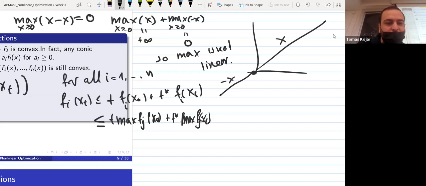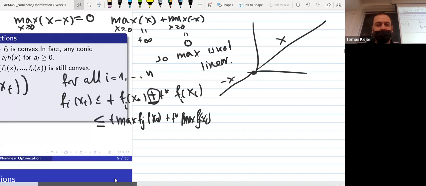I meant constant linearity. No, but you don't just have, you also have a summation over here. So you have a summation, you see? Okay. All right.